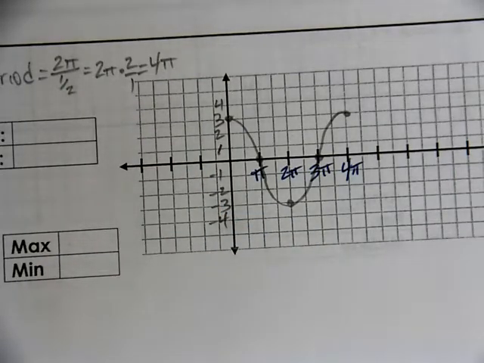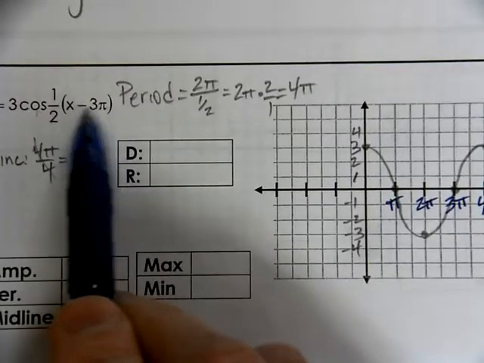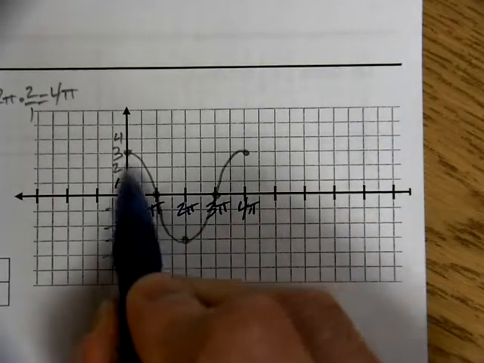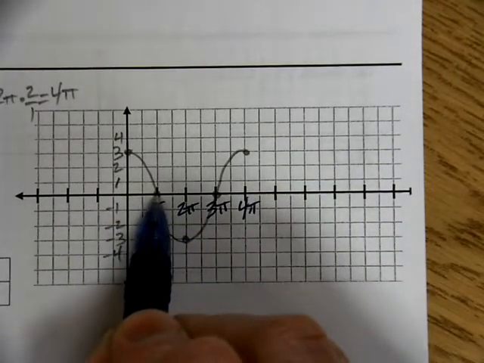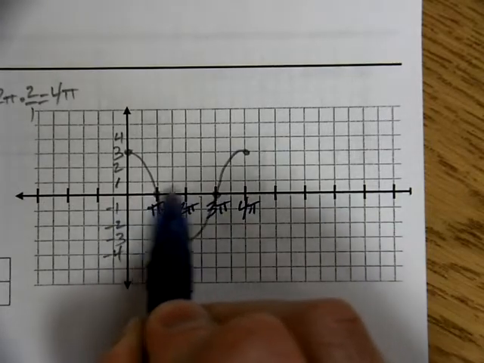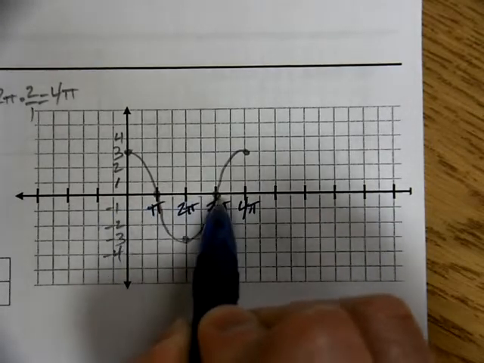Now we take that and we translate it to the right, 3 pi. So that means each one of these dots is going to go 1, 2, 3, 4, 5, 6 lines to the right, or 3 steps, 3 pi's to the right.